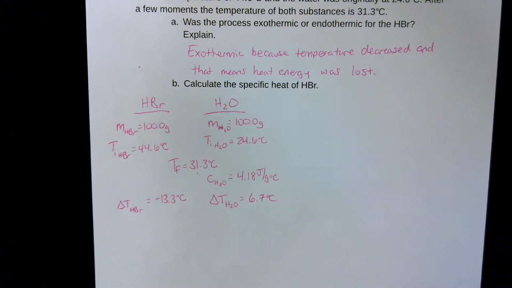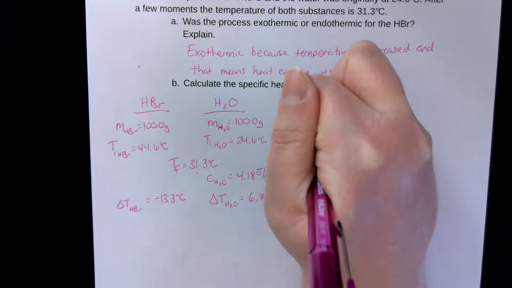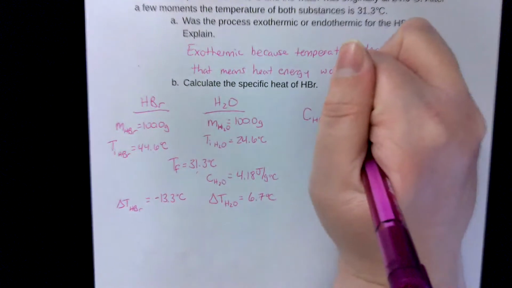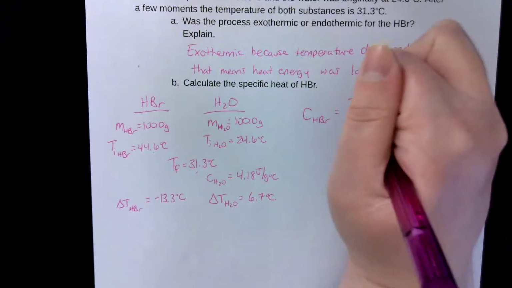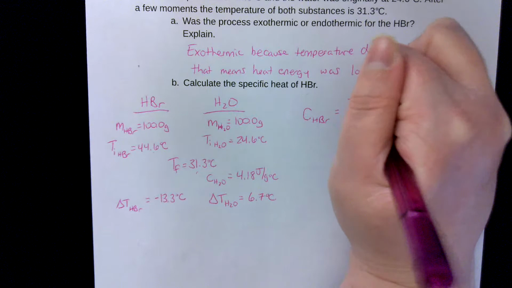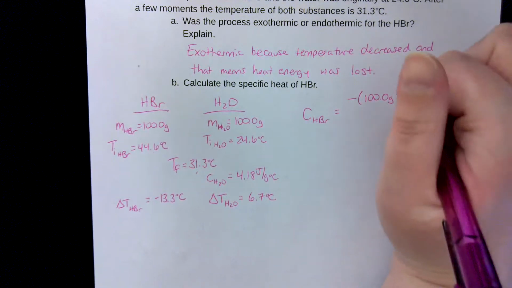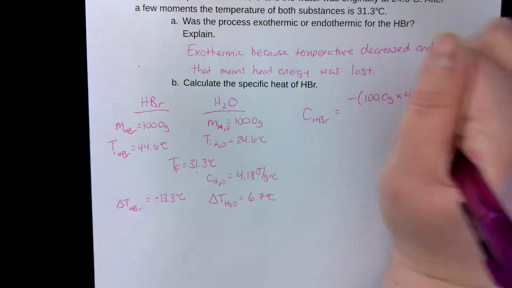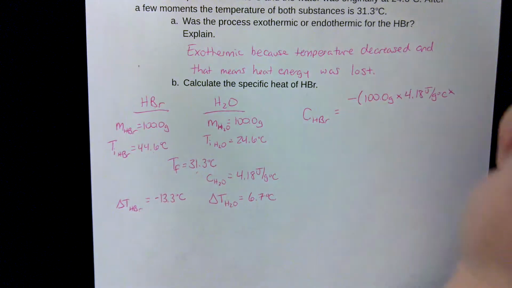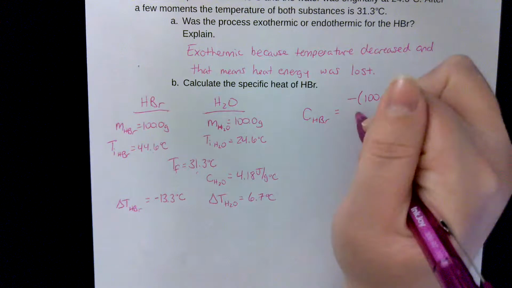So I'm going to be using the same equation that we did before. So the specific heat of HBr is going to be found by taking the opposite of the mass of the water, 100.0 grams, times the specific heat of water, 4.18 joules per gram degree Celsius, times the delta T of water, which we found to be 6.7 degrees Celsius.